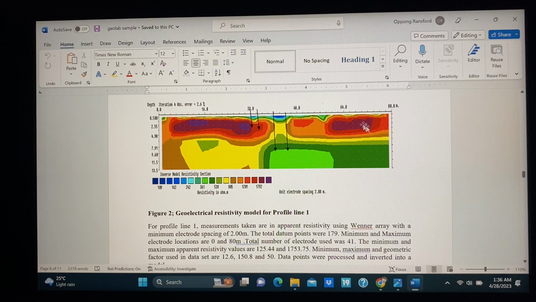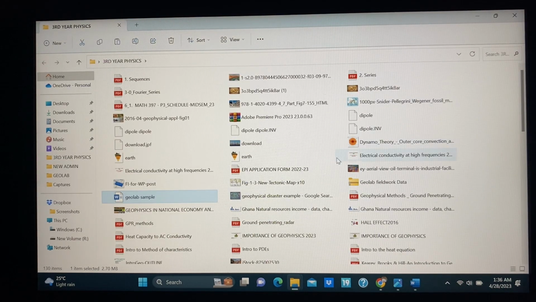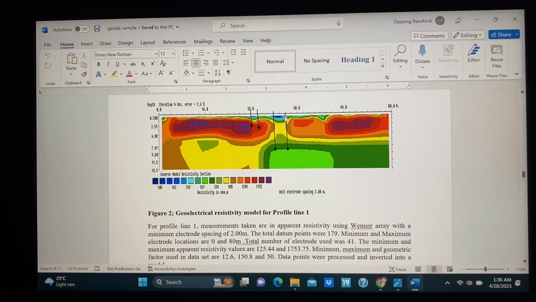So for this part, the horizontal distance is from 46 meters to 79, and a depth of 0.5 to 5. The resistivity ranges from, since they are the same, 1001 to 1950. You get it?